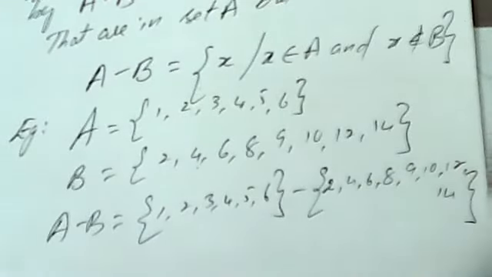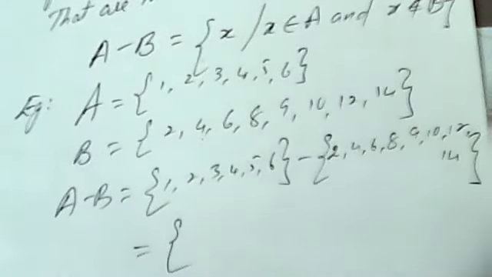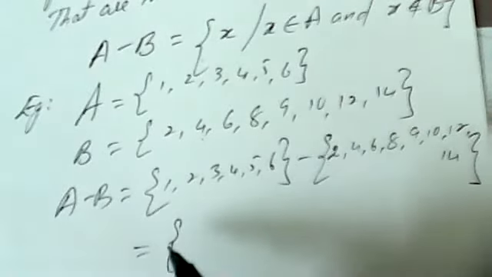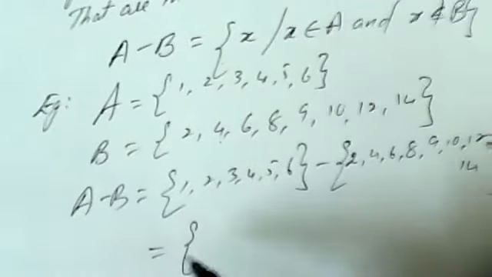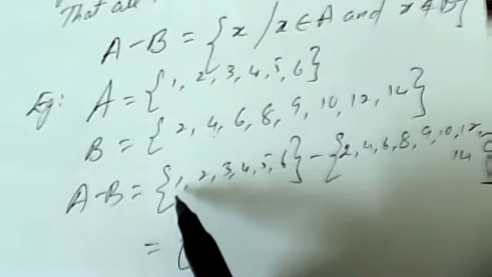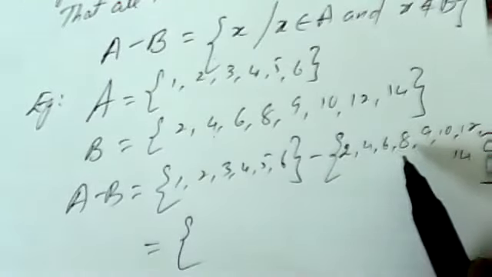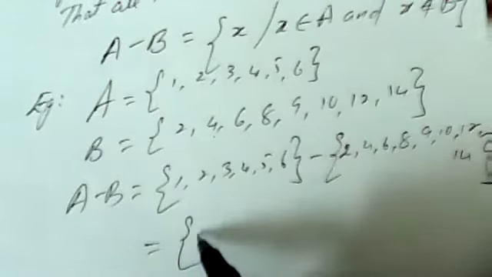Okay. And what is your A minus B? It will be equal to the elements that are in. Now go on examining the elements in set A first. 1. So 1 is in A. Is it in B or not? B में है क्या? नहीं है. A में है. So we write this element.